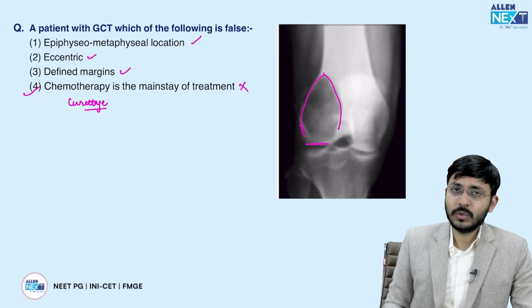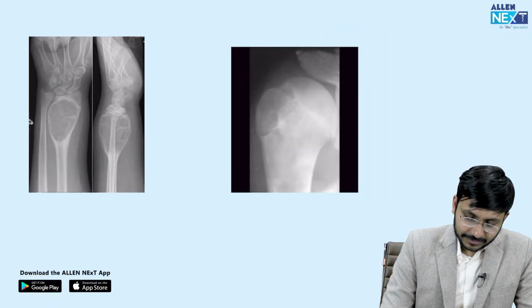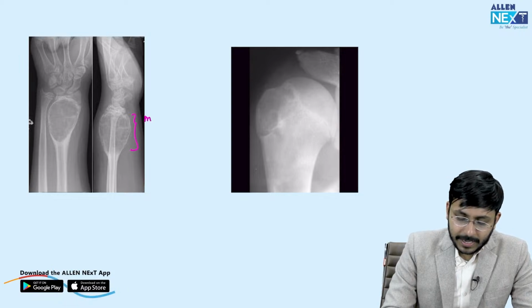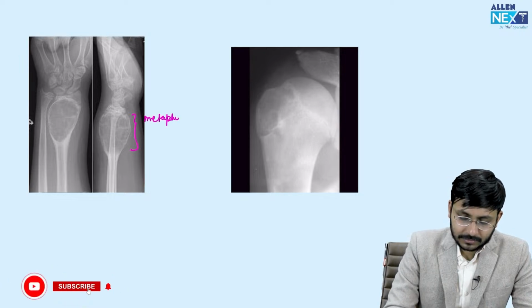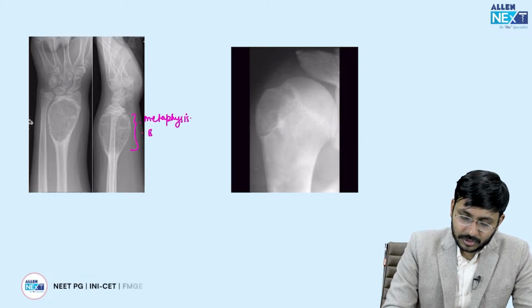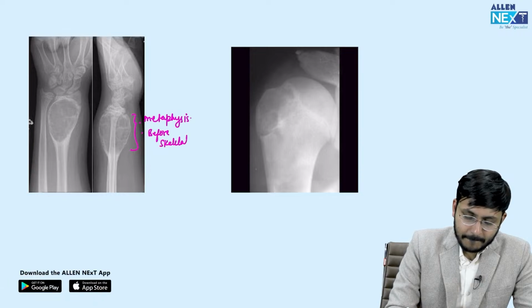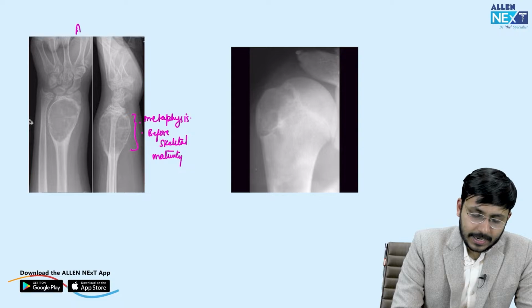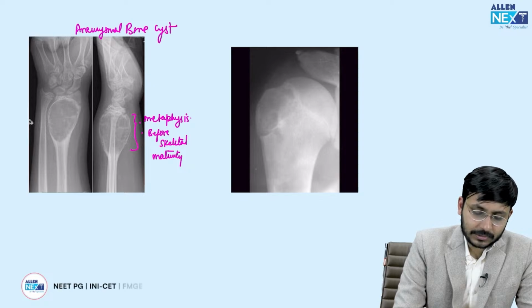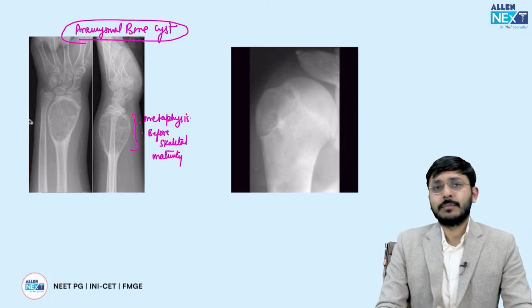Now, similar to GCT, if you see this lytic multiseptated lesion in the metaphysis of bone and before skeletal maturity, then this will be an aneurysmal bone cyst.